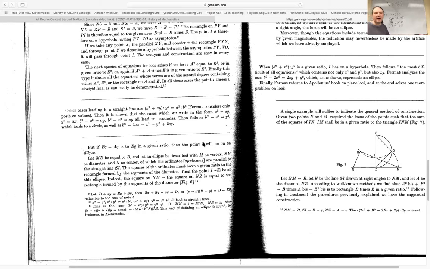All right. But what's he talking about here? BQ minus AQ equals EQ. Why does he have all those Q's? Q's are not variables there. Those are lowercase q's. They're short for square.